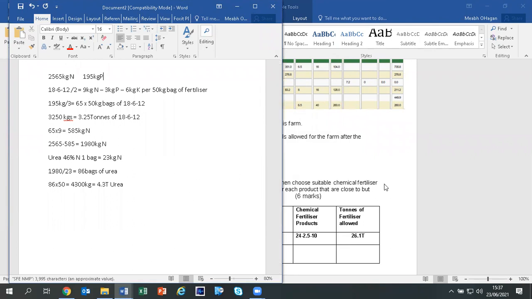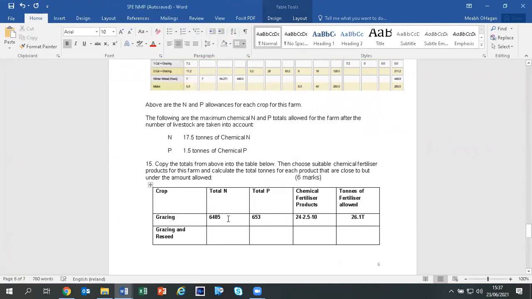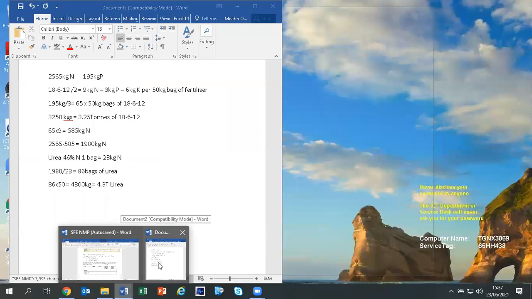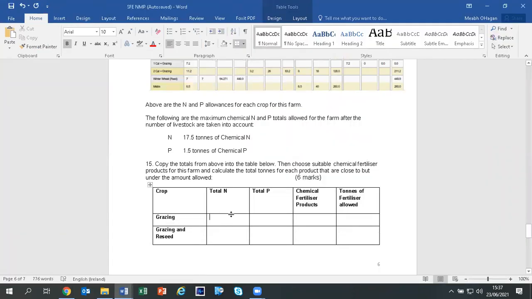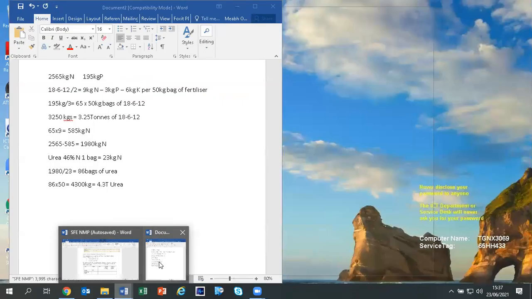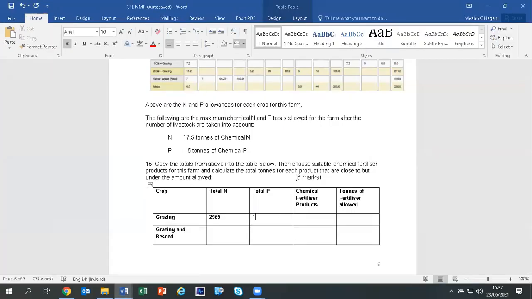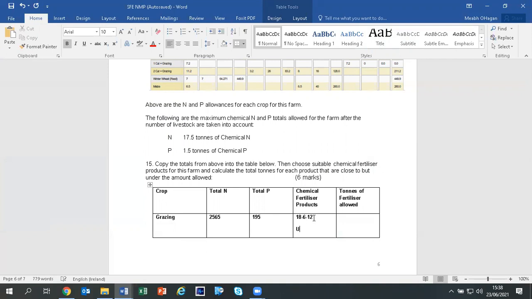Again, what would I do in that scenario then? We come back in, so we'll just say that that's gone. Okay, so just deleting them out from the first one. So how would we fill that in? Okay, well, our total nitrogen requirement was 2565. Our total phosphorus requirement was 195. The chemical fertilizer products we used was 18,612 and urea.